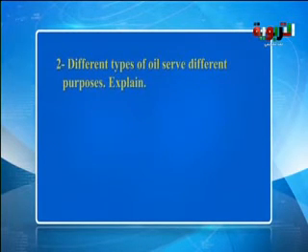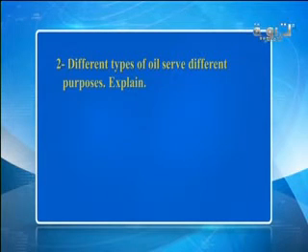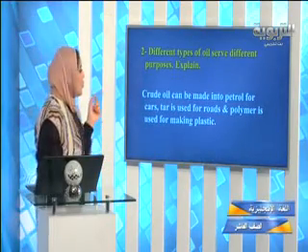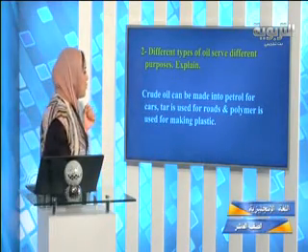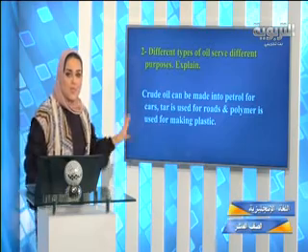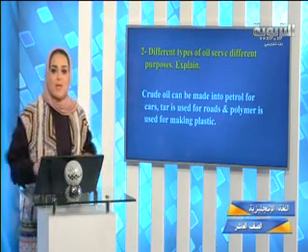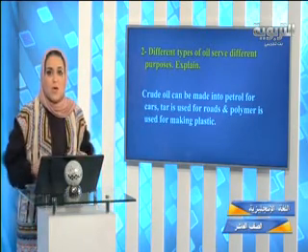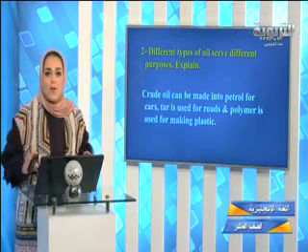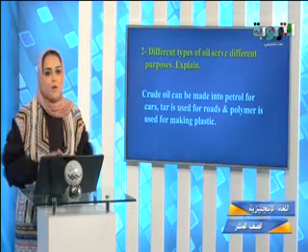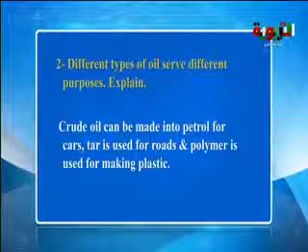Good. Let's move to question number 2. Different types of oil serve different purposes. Explain how the different types of oil can be used in different purposes. How can we use them and in what? Crude oil can be made into petrol for cars. Of course, the crude oil, we said that it's the oil that is in its natural state, taken from the underground and had not been changed or nothing added to it.